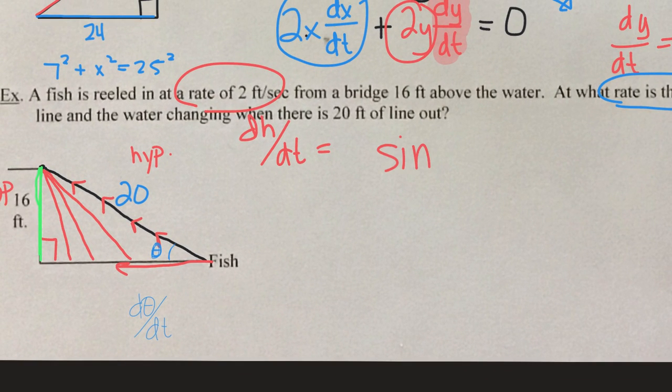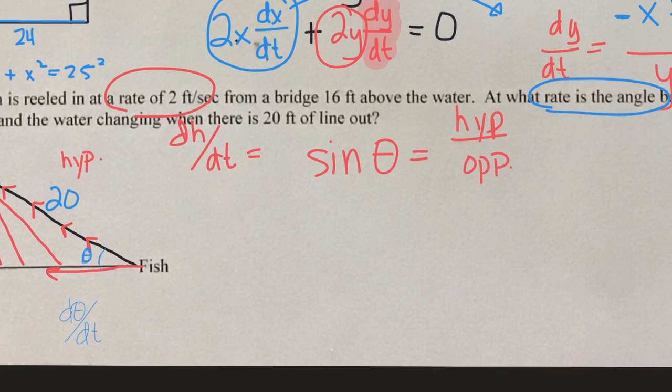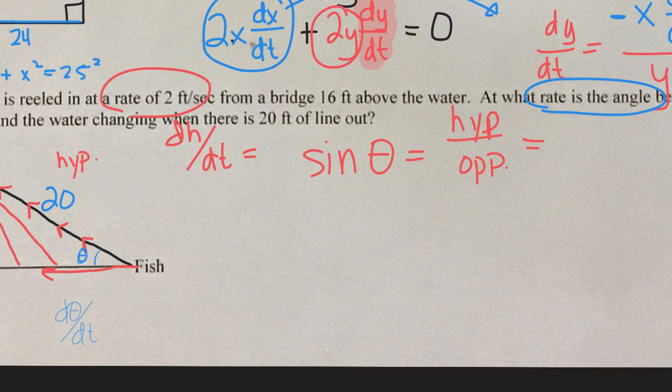The sine of our angle equals hypotenuse over opposite. Your hypotenuse is changing, so we'll just call that h, but your opposite is always 16. Okay, so I know this is a fraction, right? H over 16.